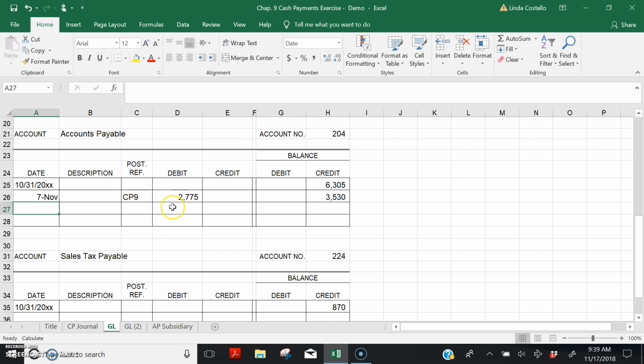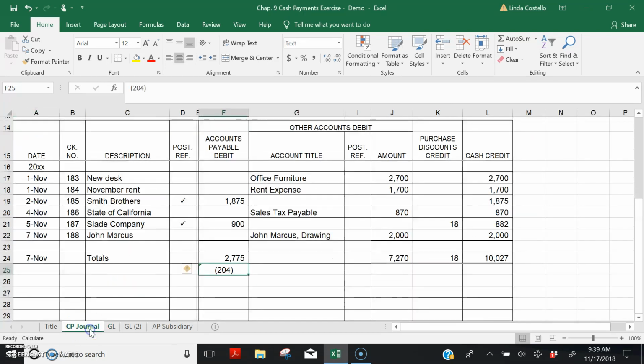Debit $2,775, leaving a credit balance in the account of $3,530. The $6,305 previous credit balance minus the $2,775 debit we just posted. Return to the cash payments journal and record account number 204 in parentheses underneath the $2,775 total of the accounts payable debit column.